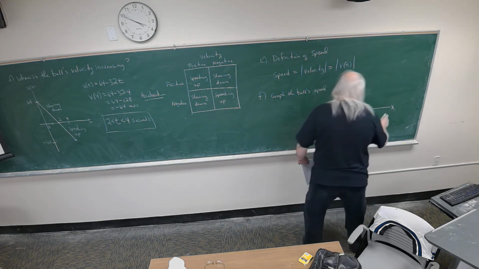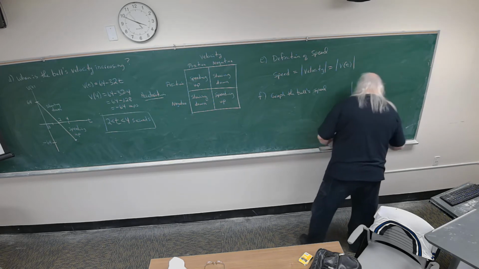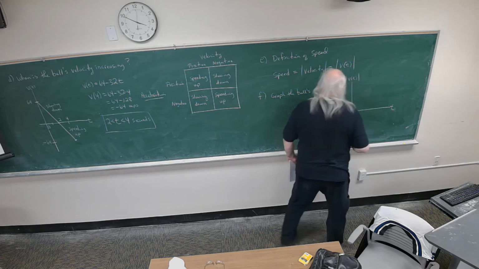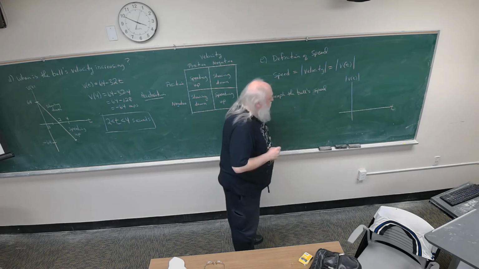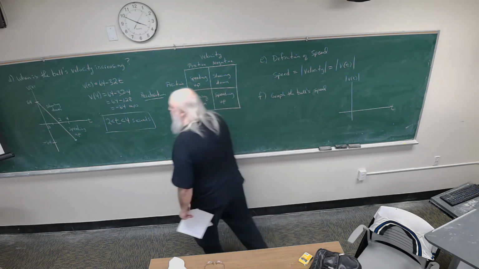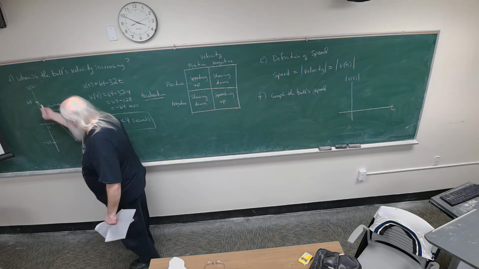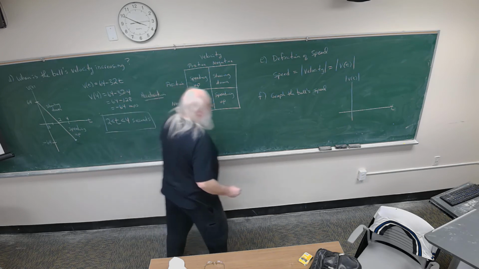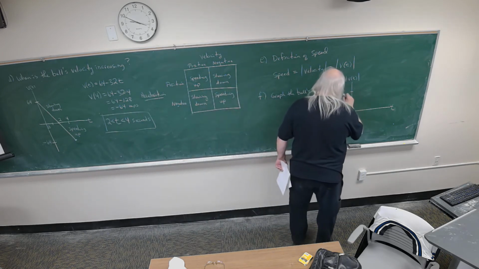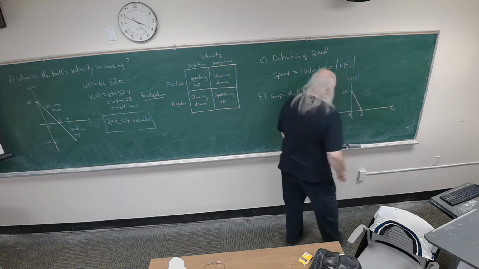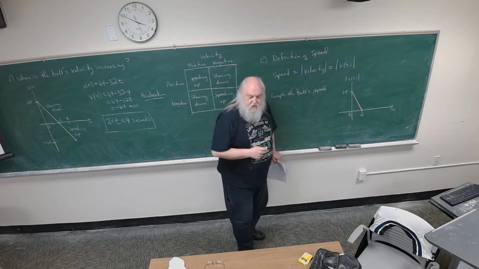Here, oh, there's no x-axis. T-axis, and then we have the absolute value of v of t. And so from the graph over here, we know from t equals 0 to t equals 2, the graph is above the t-axis. Okay? So that doesn't change.